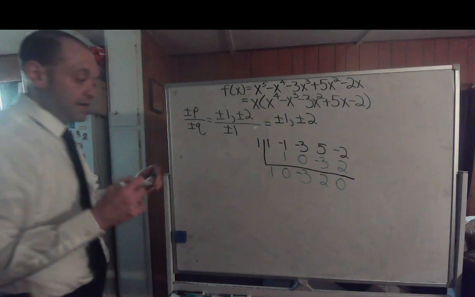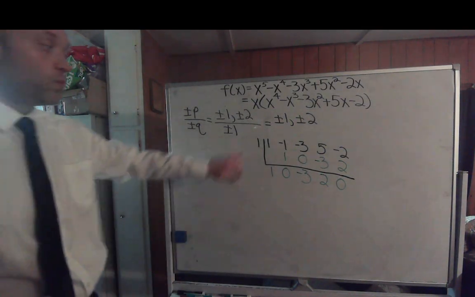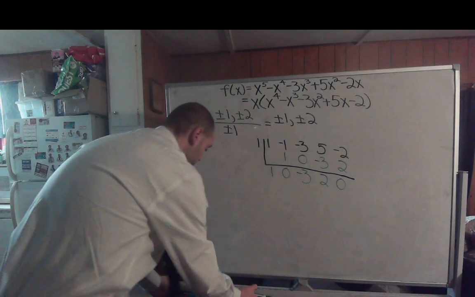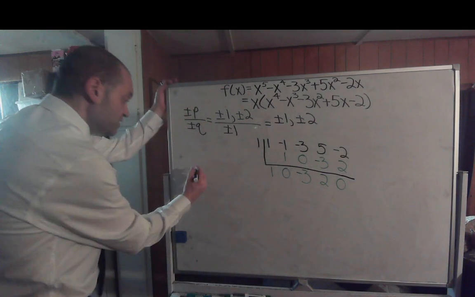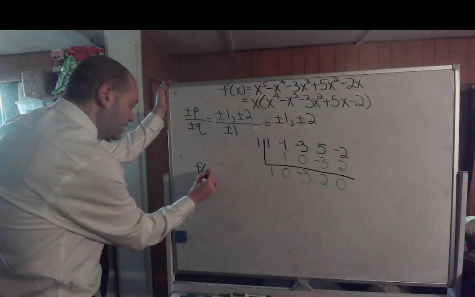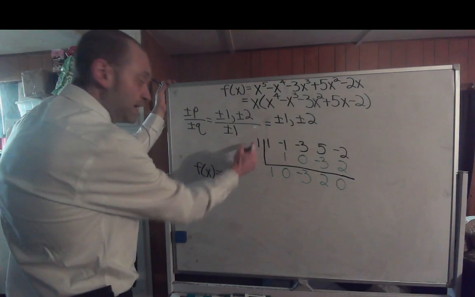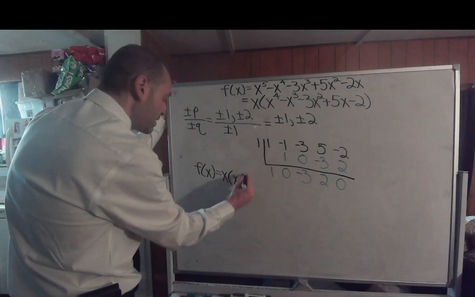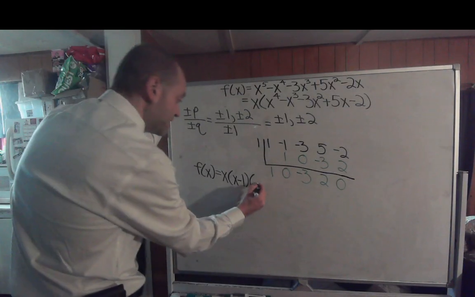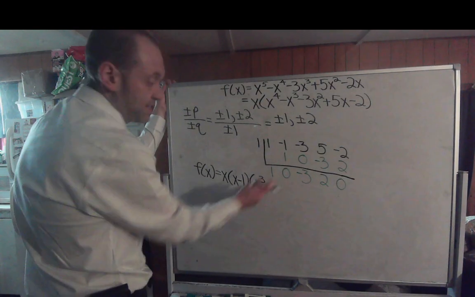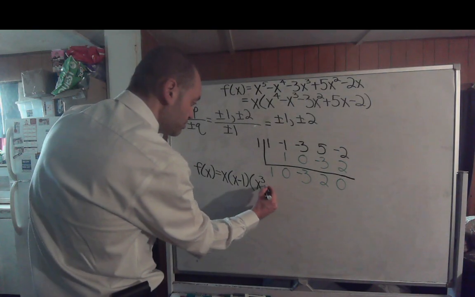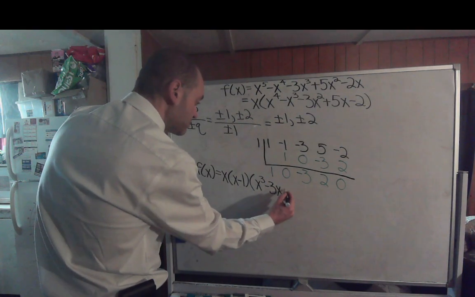You have a remainder of 0, which means that 1 is the rational zero that works. So this is going to factor into f of x equals x times x minus 1, now times x to the 3rd plus 0x squared, so we'll go right to minus 3x plus 2.